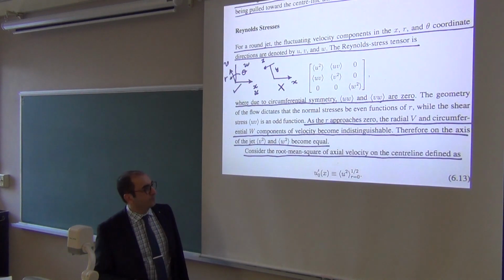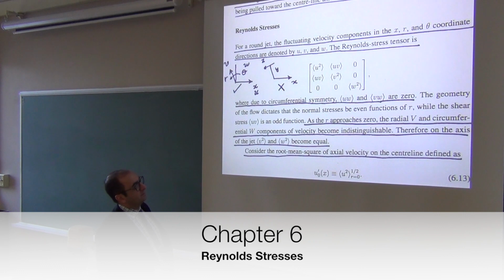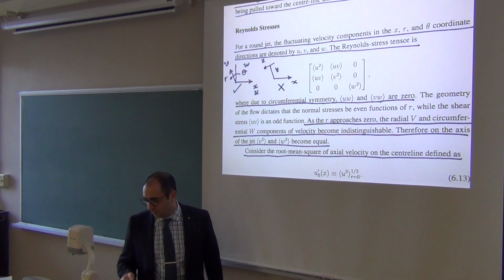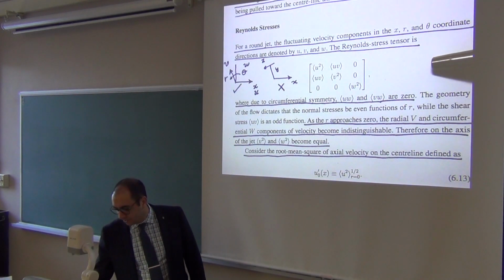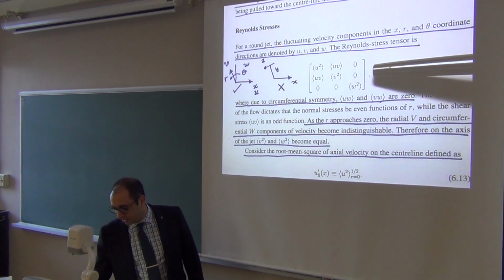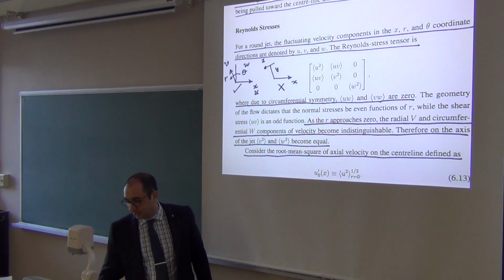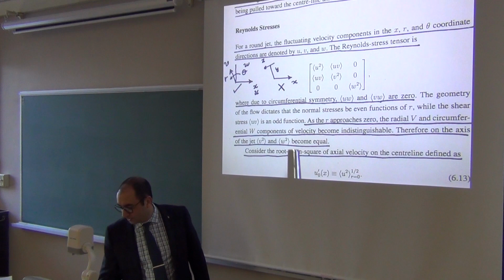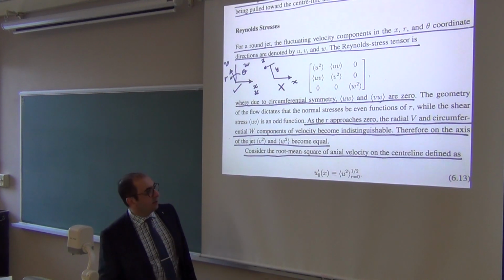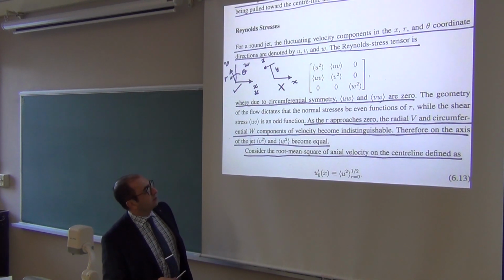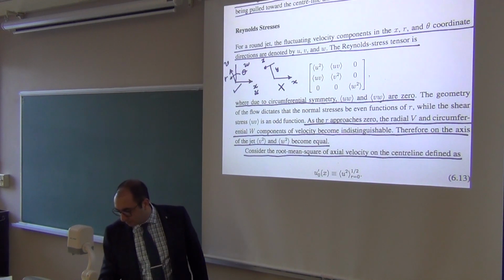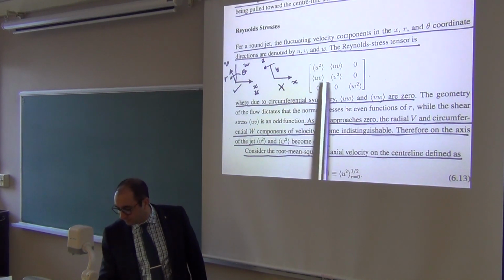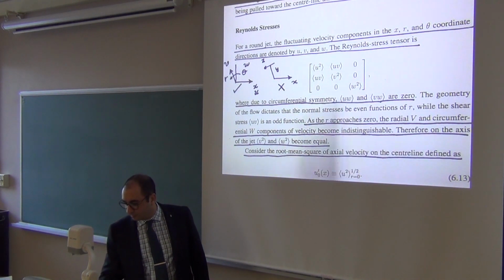Reynolds stresses, we said they can be defined for any type of flow, not just wall flows, but in addition, free shear flows such as jets. The stress tensor has 9 components where you pair different components of fluctuations. For example, U with itself, U squared, V with itself, V squared, W squared.